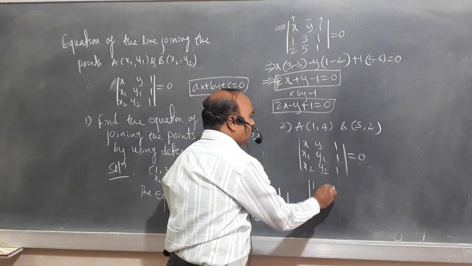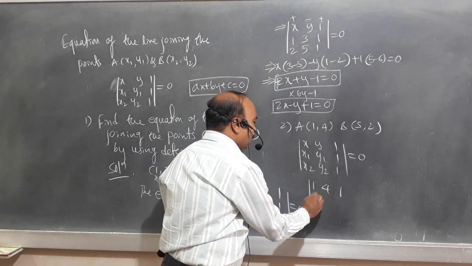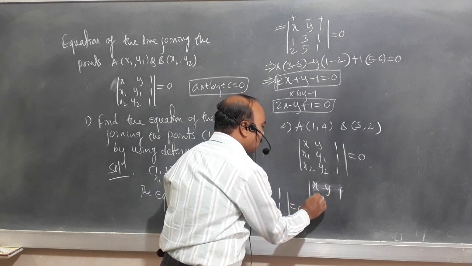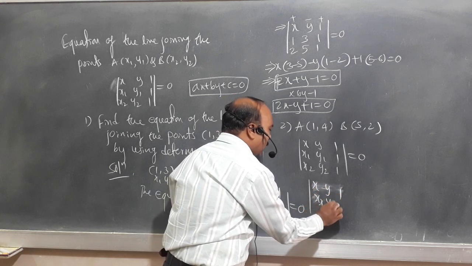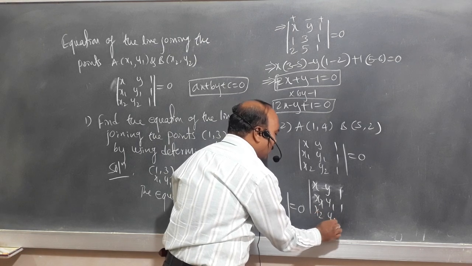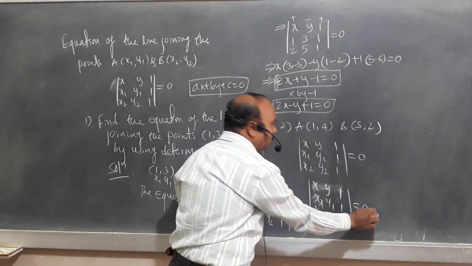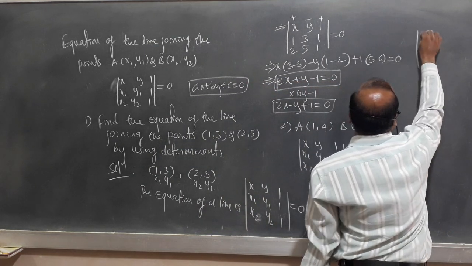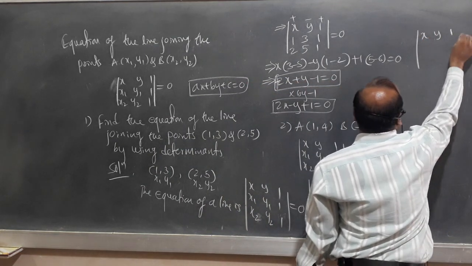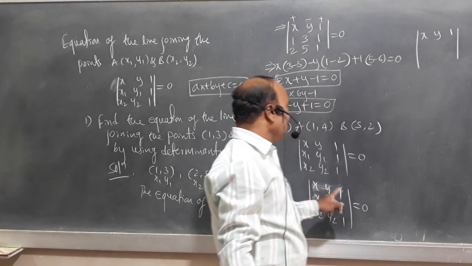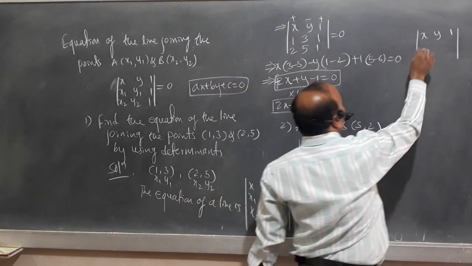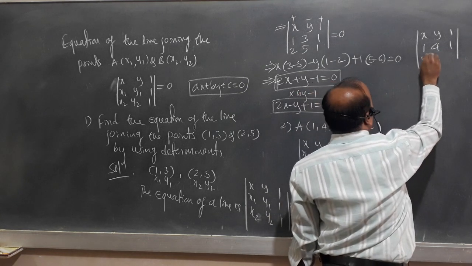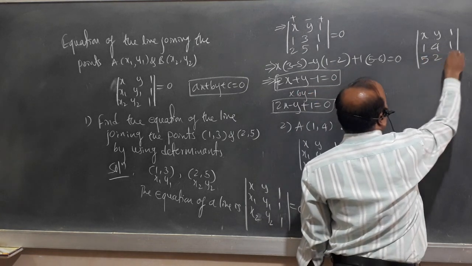First row x, y, 1, second row x1, y1, 1, third row x2, y2, 1 equal to 0. Substituting, x1, y1 values are 1, 4, so we write 1, 4, 1. x2, y2 is 5, 2, 1.